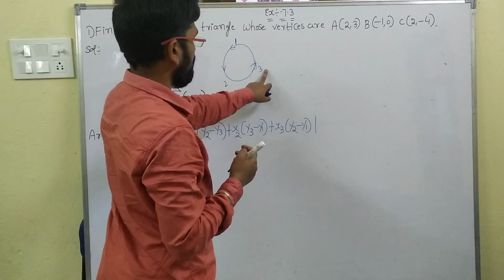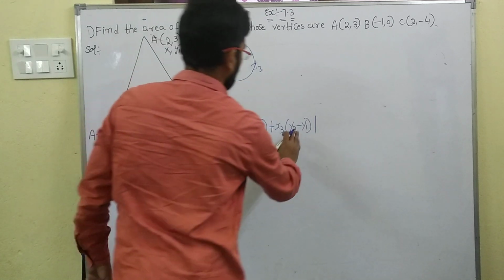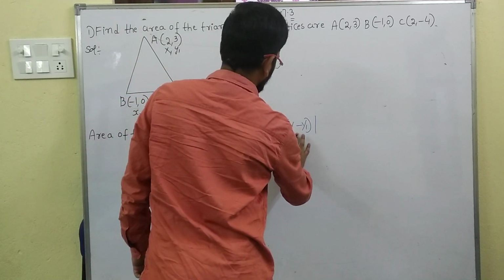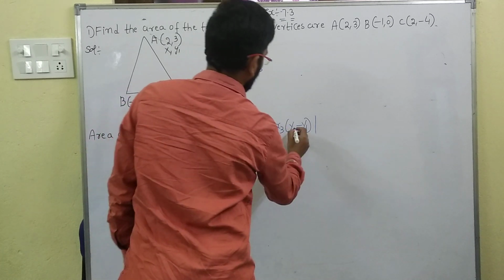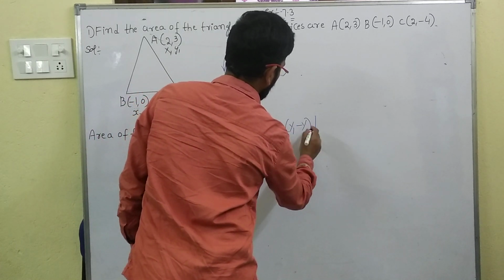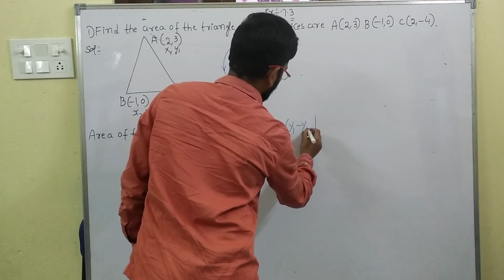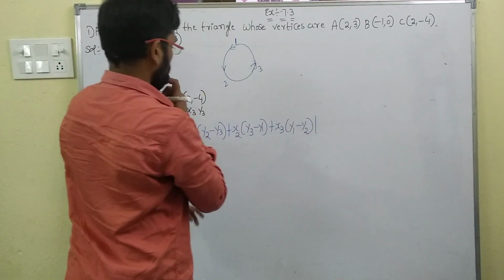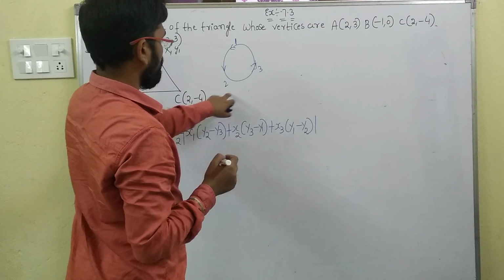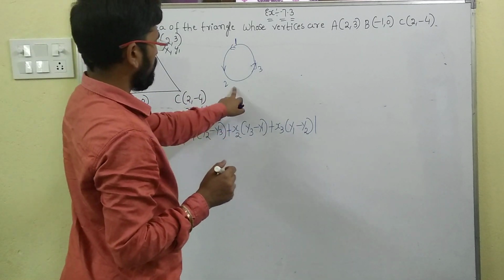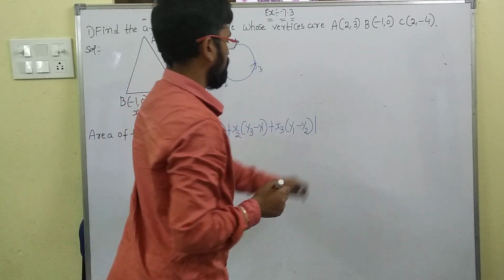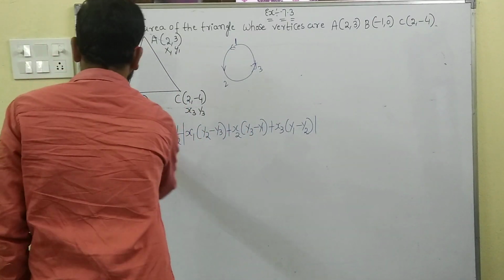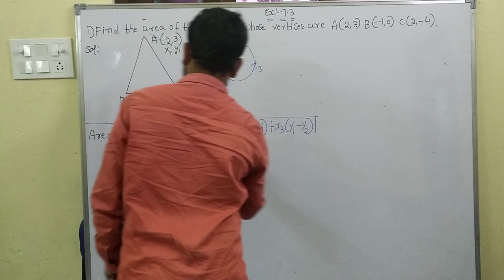So 3 after 2, and 3 after 1 is 2. Like that you can check the formula. First 1 is there, then 2, 3: y2 minus y3. Then 2 is there, 3, 1. Then 3 is there, 1, 2. Yes, this is the area of triangle formula.